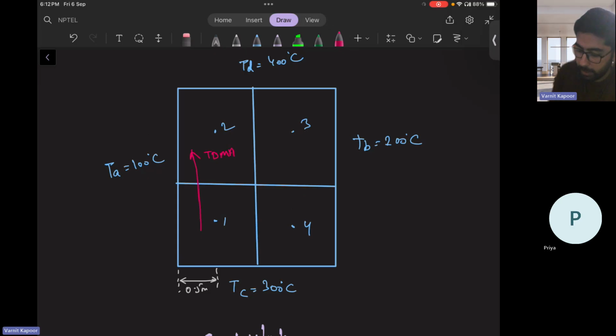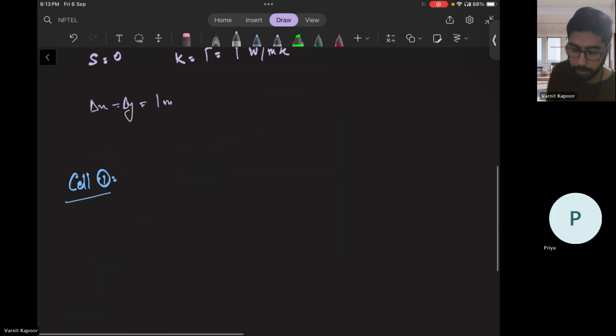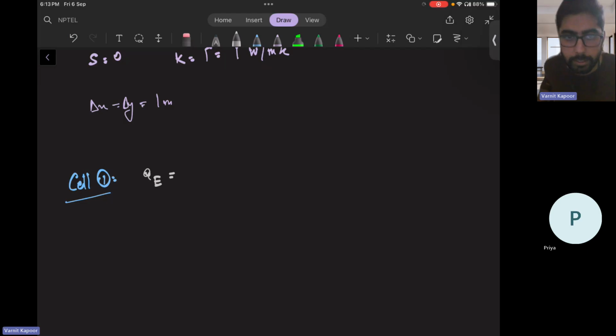We are assuming the values T3 star and T4 star, and we want to keep the values T1 and T2. We have already seen the algorithm for this. So A east will be gamma east delta y by del x c.